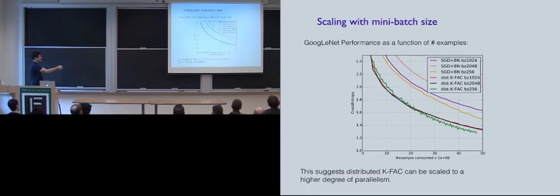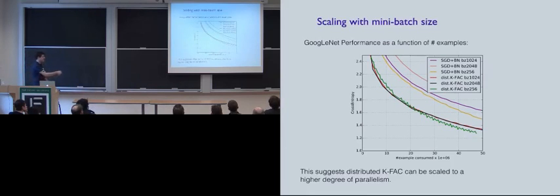Here we have SGD with mini batches of size 256, 1024, and 2048. As you increase the mini batch size from 1024 to 2048, you get much less efficiency in terms of the number of examples covered. And so you're not actually going to get a linear speed up as you add more machines.